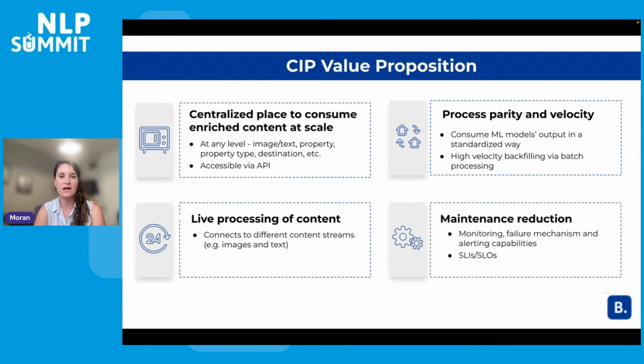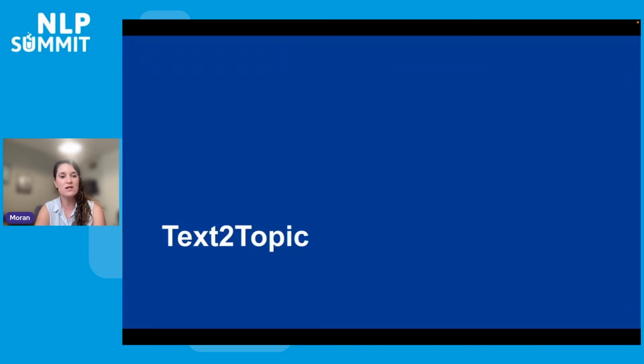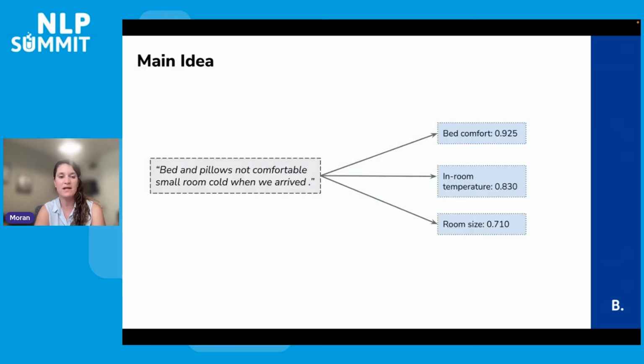So this is CIP, and I am the machine learning manager of this platform, and we enrich this platform with a lot of models. One of the models is text-to-topic. So what is text-to-topic? The main idea is that for any kind of review, we will extract different topics.